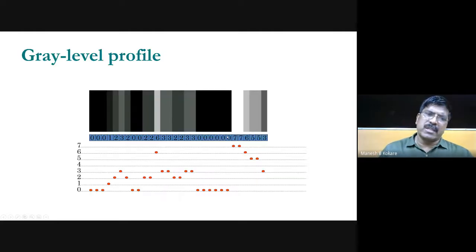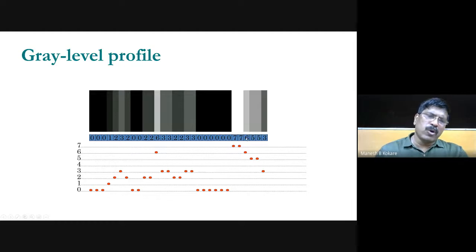Now if you see the gray level profile of this image, this pixel has intensity 0, this pixel has intensity 0, this pixel has intensity 0, then this one has intensity 1, 2, 3, 2, 0, 0, and so on. This pixel has intensity 7, whereas the others are 6, 5, 5, and 3.